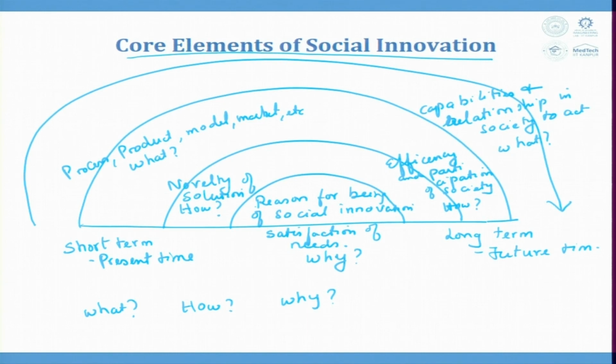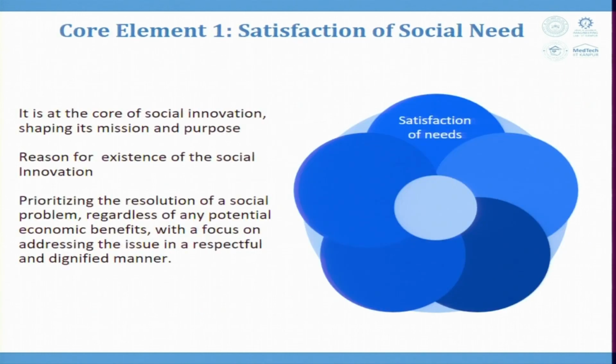This entire thing moves from short term to long term. This is the arrow. So, satisfaction of the social needs is core element 1. As I told you, we will ask questions like why, how, what.